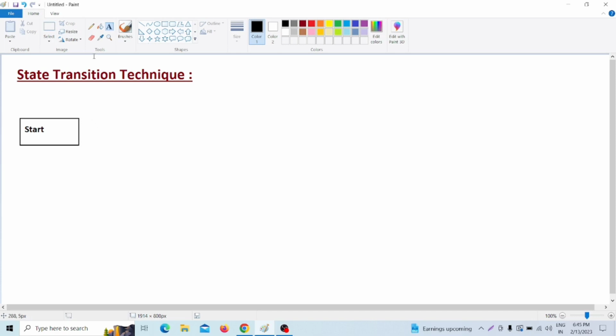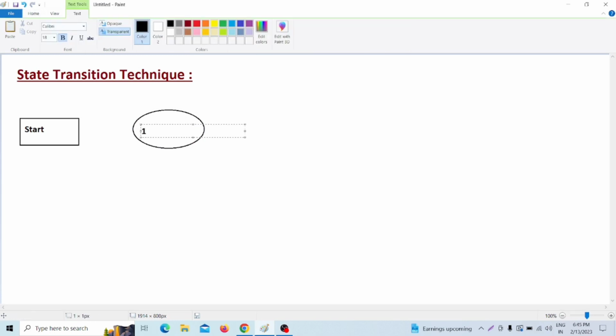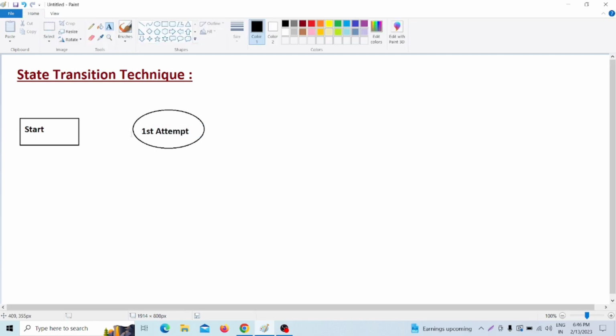So first we have to do the first attempt. I am doing the first attempt here. If a user does the first attempt and puts in the correct PIN number, then we get the money.